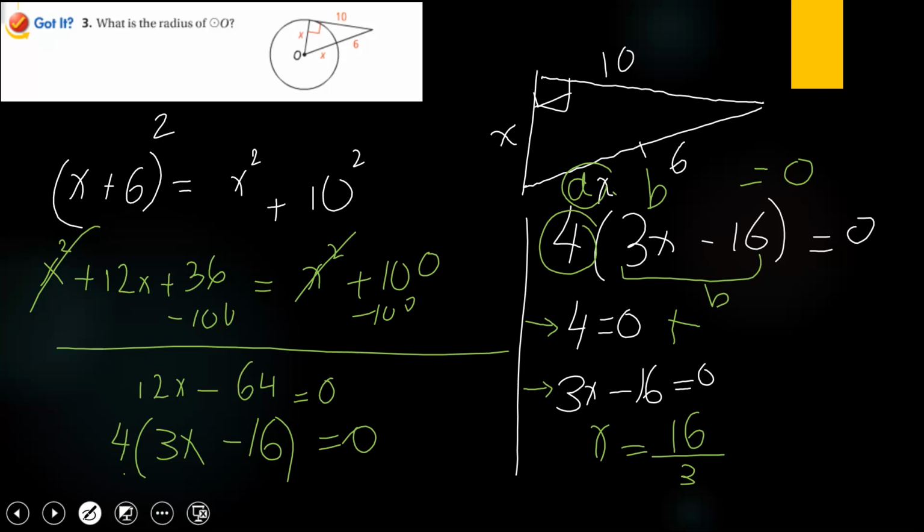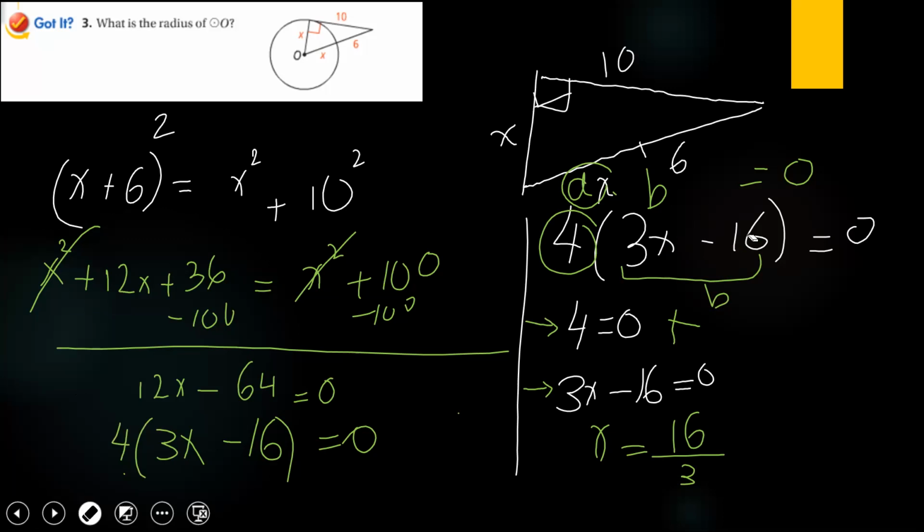Can we just skip 4? Yes, you can. But here I just want to explain, to remind you. We can take it as 3x minus 16, or we can solve it without this one.